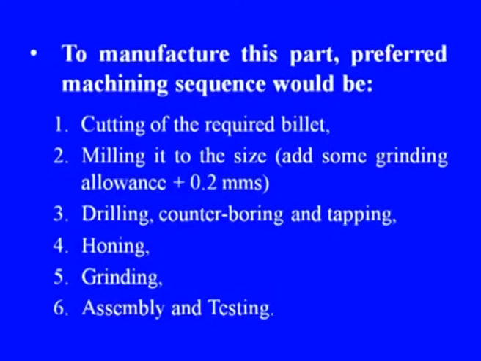To manufacture this part, the preferred machining sequence would be cutting of the required billet, milling it to the size, adding some grinding allowance, say for example plus 0.2 millimeters, then drilling, counterboring and tapping, honing and grinding for finishing, and finally assembly and testing.